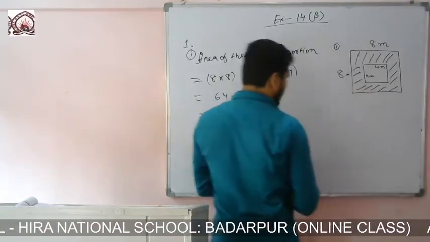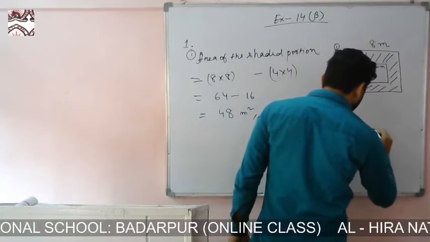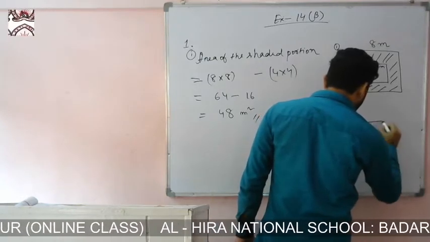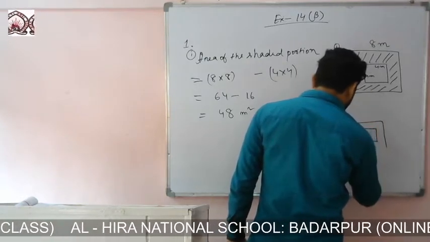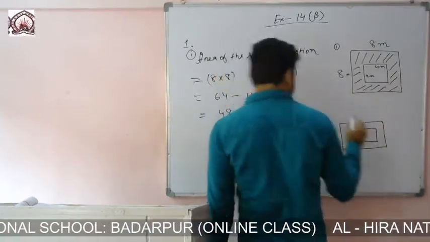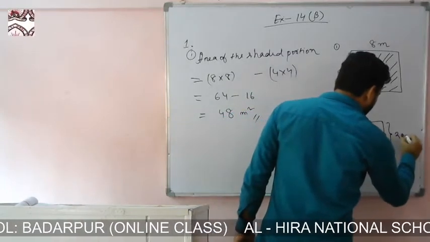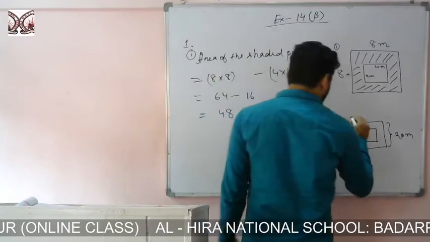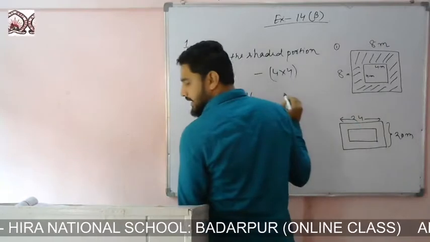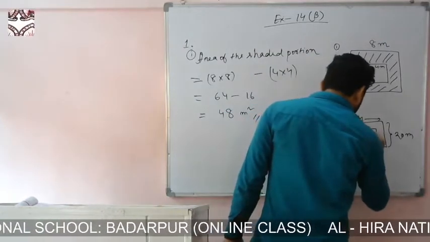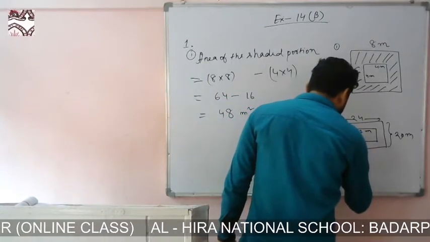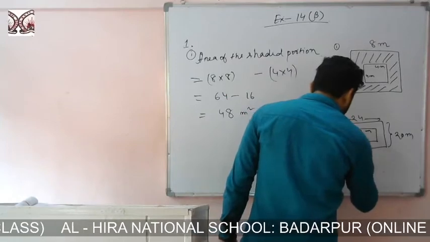This is 20 meter, this one 24, and the small rectangle, length of this one is 22 and this one is 18.